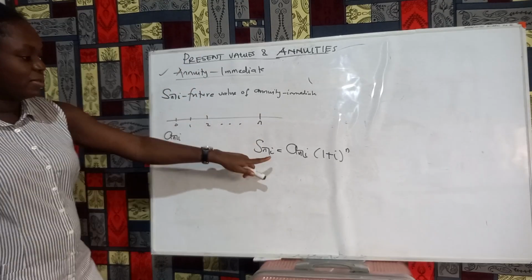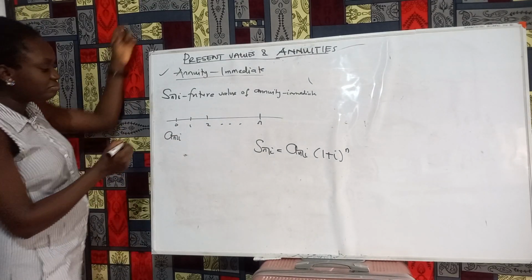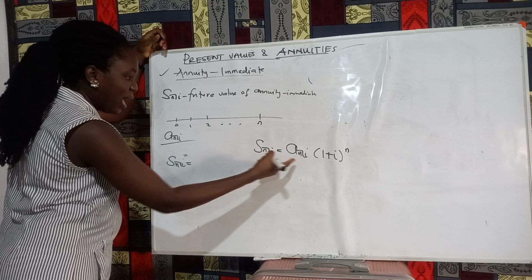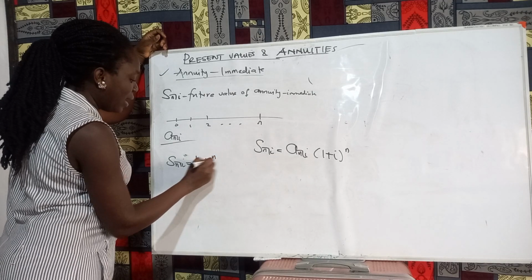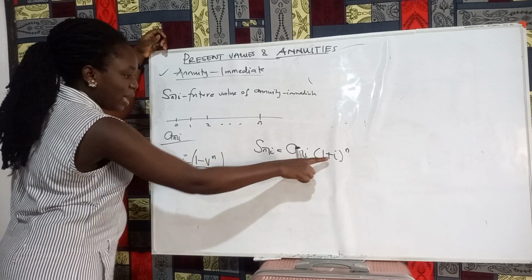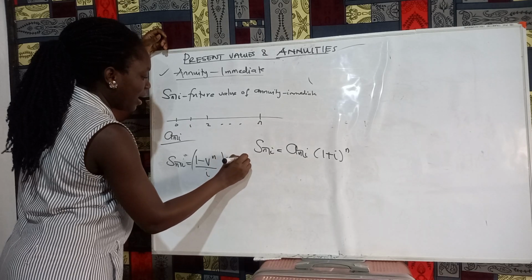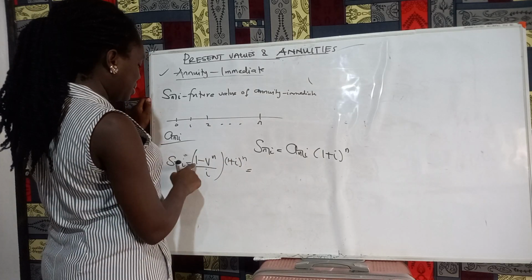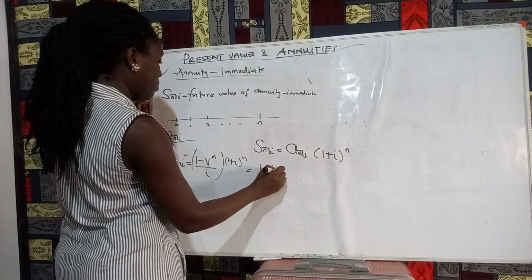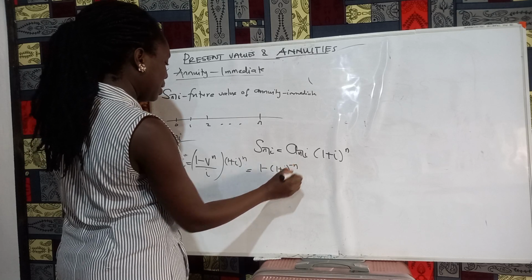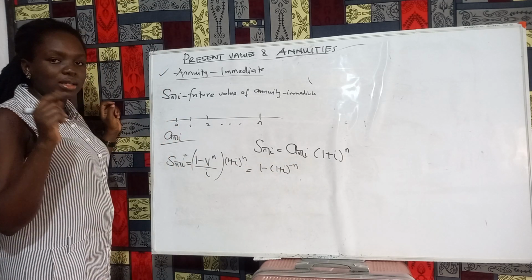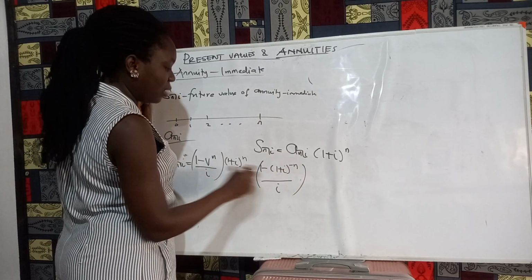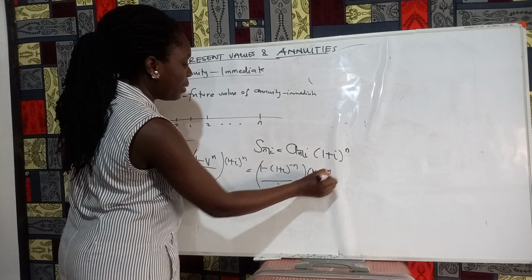So how do we further simplify this to get a formula for S angle n, i? S angle n, i is equal to A angle n, i, which we gave as 1 minus V to the power n over I, multiplied by 1 plus I to the power n. We can open this up to get 1 minus 1 plus I to the power minus n, because V is 1 plus I to the power minus 1, all over I, multiplying everything by 1 plus I to the power n.